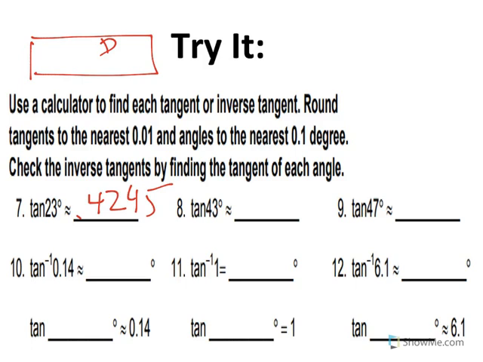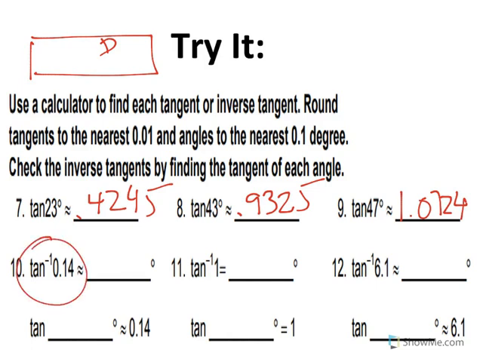Number 8, tangent of 43, is 0.9325, and tangent of 47 is 1.0724.